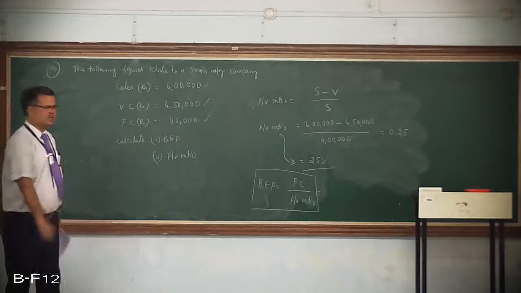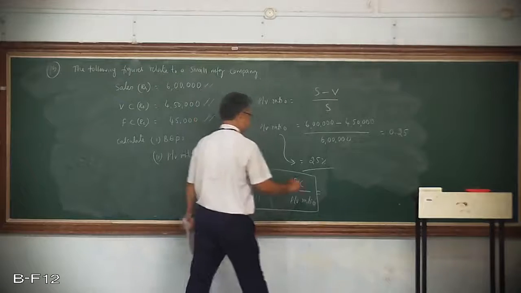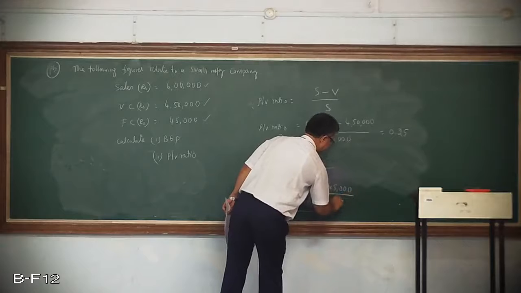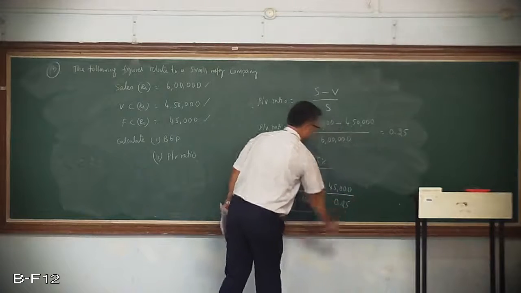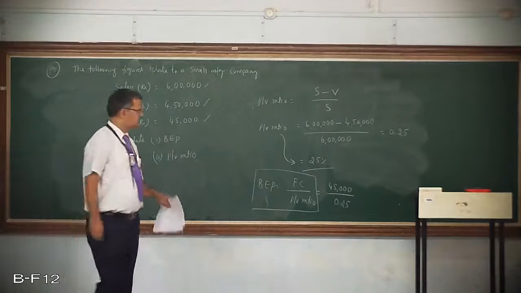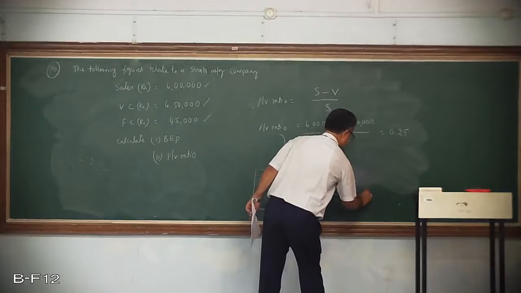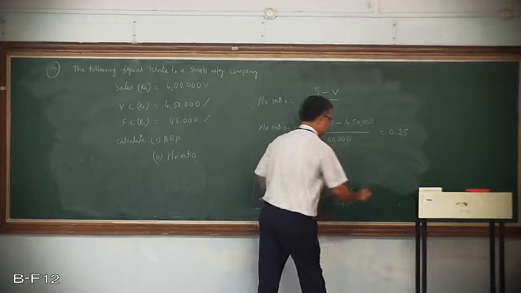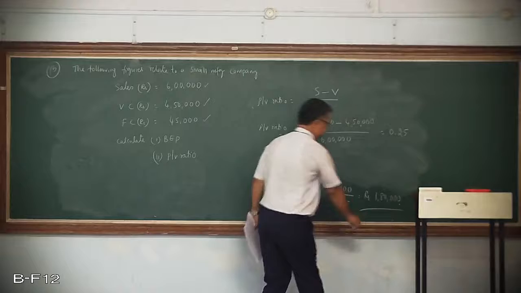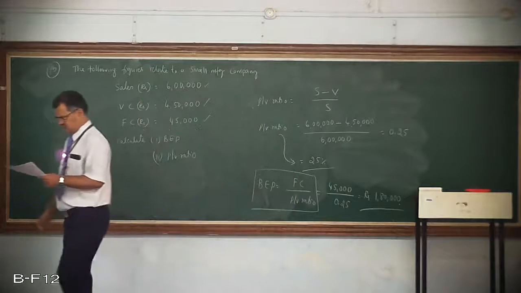Now fixed cost is given, 45,000, divided by 0.25, the PV ratio. So that is equal to rupees 1,80,000. The break-even point is 1,80,000 rupees.